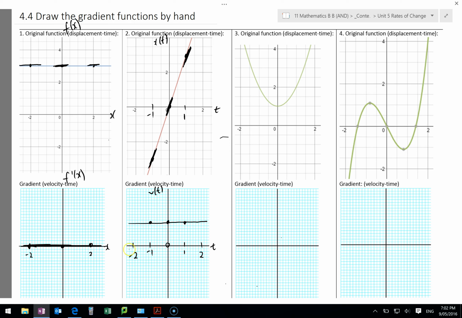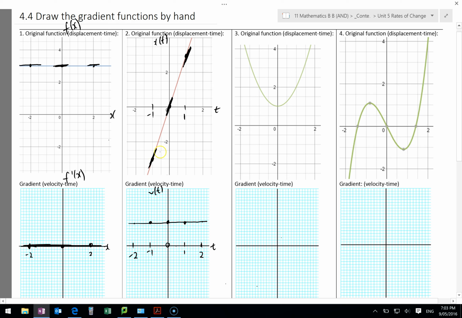So it doesn't matter if I'm at -2, or +2, or 0, or 0.5, regardless of where I was on that original graph, the slope is always going to be the same, whatever this value is. And it'll always just say for us to sketch the gradient function. Very rarely will we be asked to actually put a value on that slope.